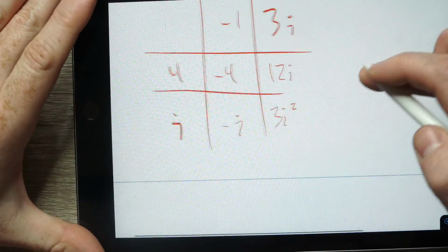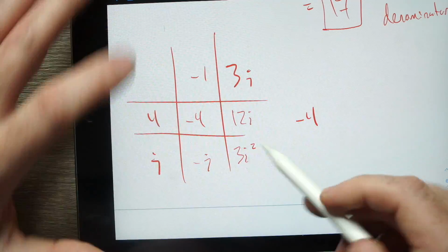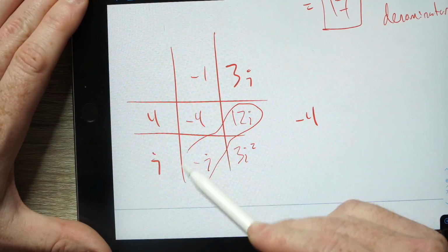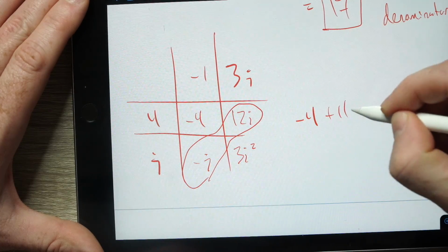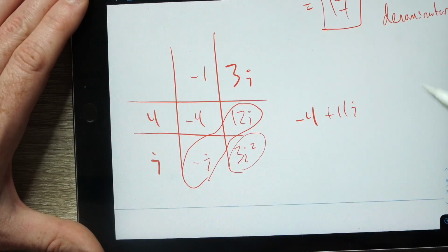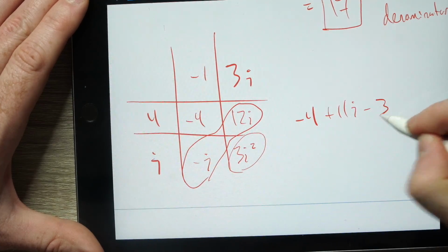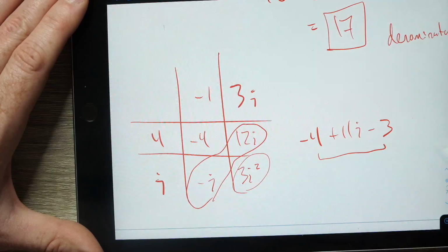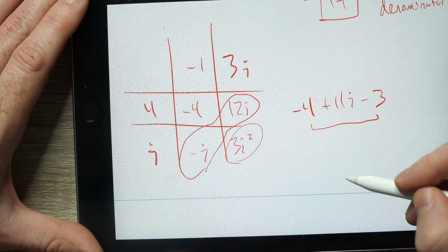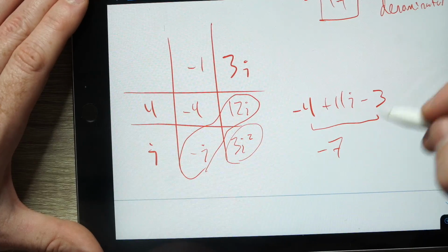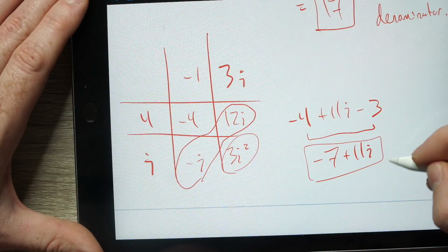And then if we're grouping some like terms, we've got negative 4, and then what are these going to group to? 11i. 11i. And then what's this going to work out to? Negative 3. Negative 3, very good. And then we can combine these two here, right? Yes. Just negative 7. So negative 7 plus 11i ends up as the numerator.